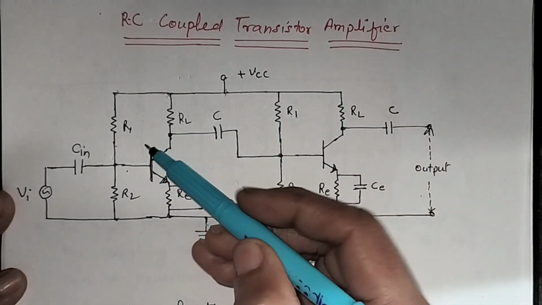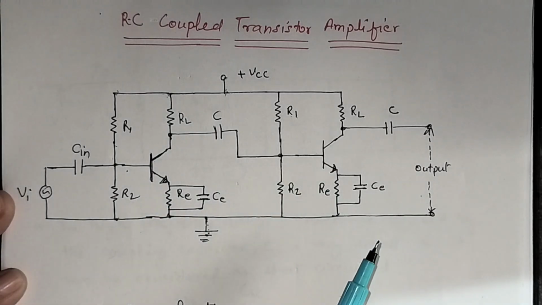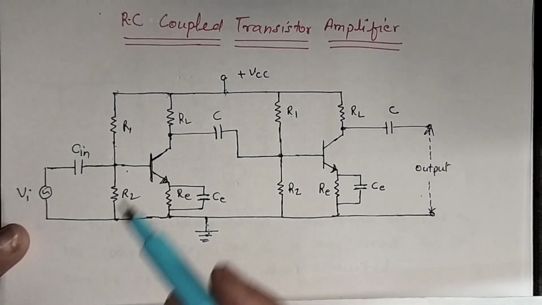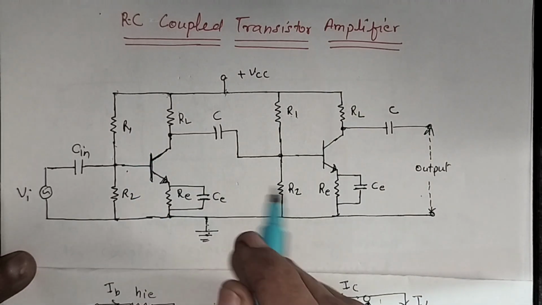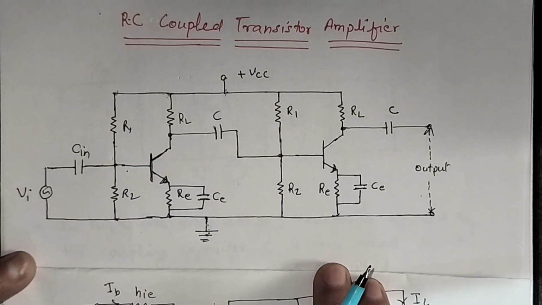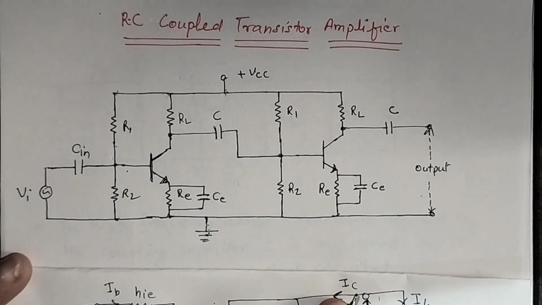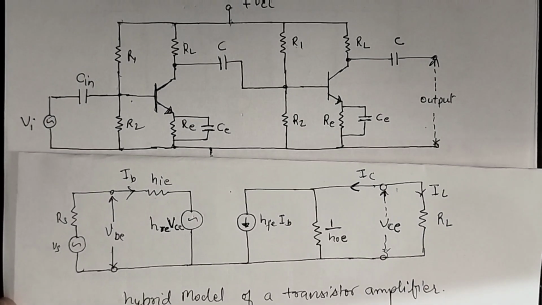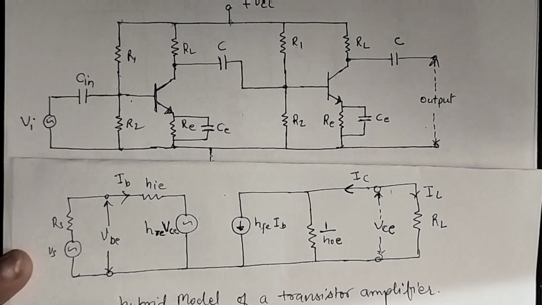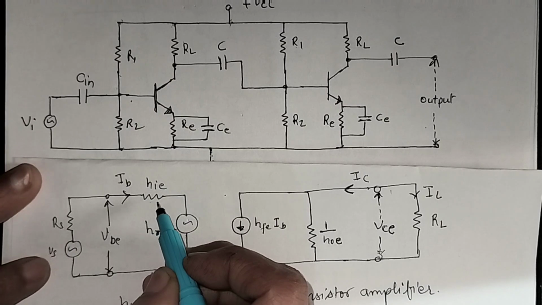After connecting, we can see that R1 and R2 will be in parallel, and as the values of R1 and R2 are generally high compared to the input impedance of the transistor, we can neglect these two resistors in the hybrid model. So in the hybrid model we can see that these two resistors are neglected.